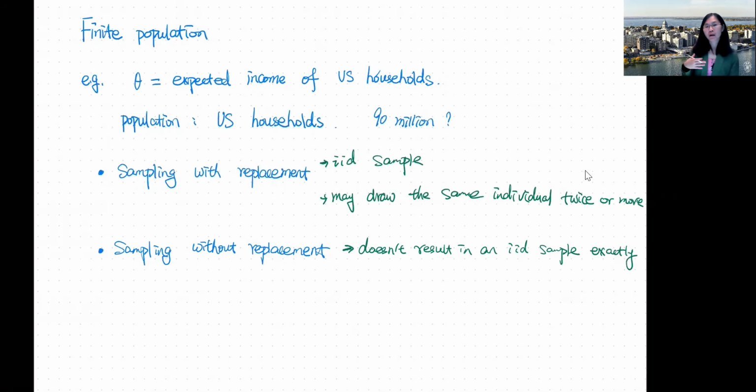That's because your population is finite. After removing individuals that you have observed, the remaining population is different from the population you started with. So sampling without replacement doesn't give you an IID sample.